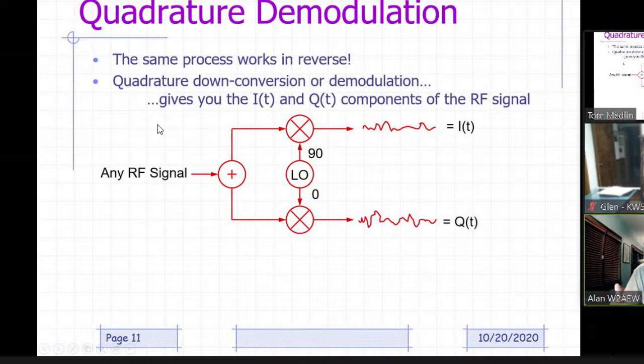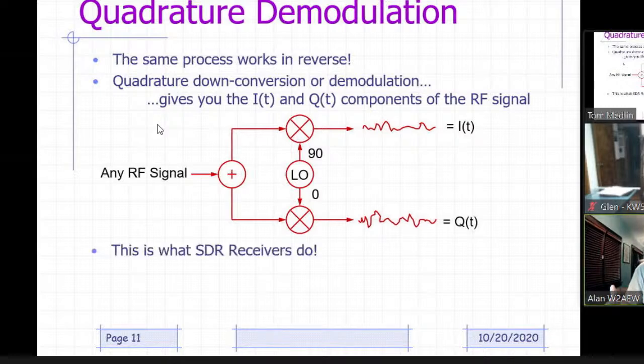Oftentimes they're going to be sampled, and then those samples of the I and Q are what is mathematically processed inside the SDR to do the filtering, signal processing, and ultimately converting it back down to whatever that baseband signal is, whether it's a single sideband audio tone or a digital modulation of some sort. But it all begins with creating that IQ data.